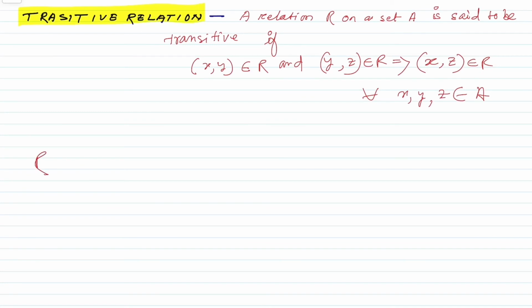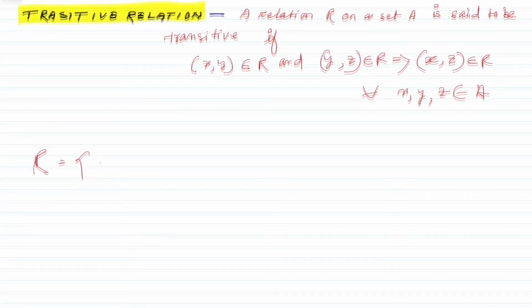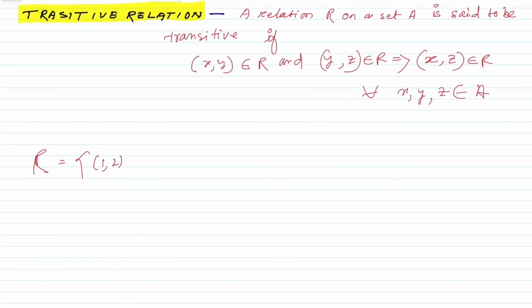Let me take an example of a transitive relation. Here is a relation R on set A. Suppose it contains (1, 2), (1, 3), (1, 4), (2, 3), (2, 4), (3, 4).